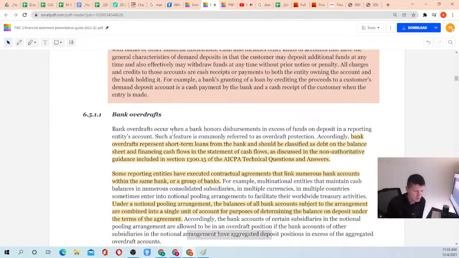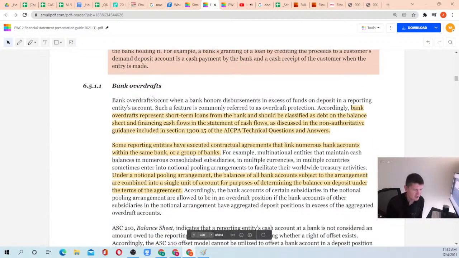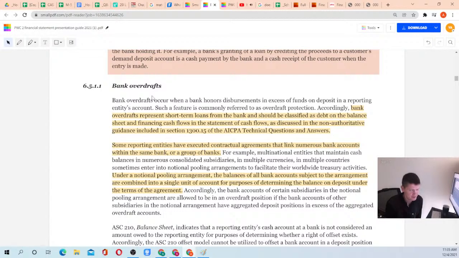If we have a bank overdraft, generally it will be a financing activity. When our cash balance is negative, that's an overdraft, and that should go to financing activity, unless we have some agreement in place which pools our different bank accounts into one pool.